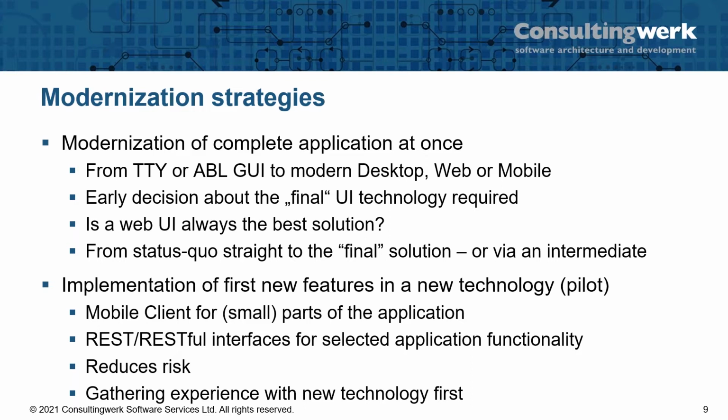And by that strategy, we can really modernize screen after screen after screen, use whatever is a good intermediate UI technology today, prepare the business logic, and move it to the app server so that it could be used by whatever UI technology is the state of the art when we're getting towards the end of the modernization project. And that's a strategy that works very well in many projects.